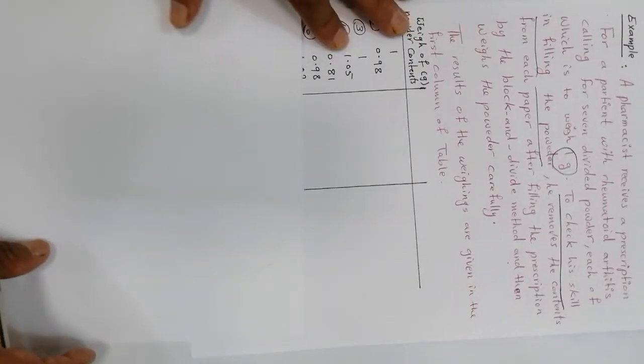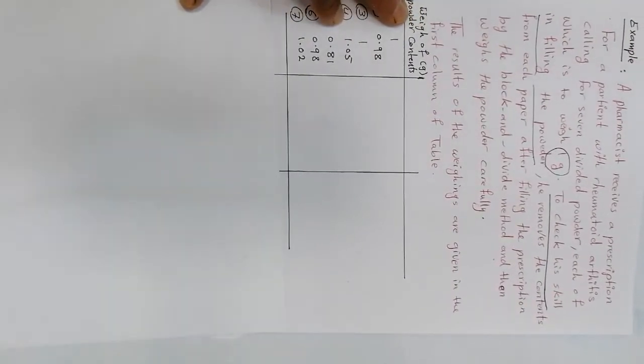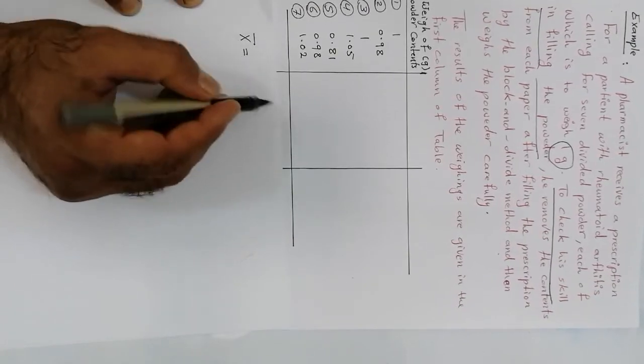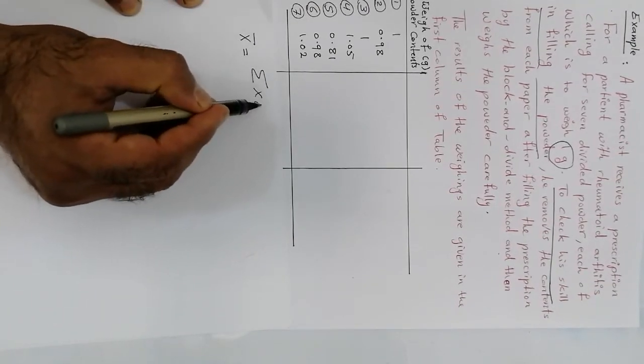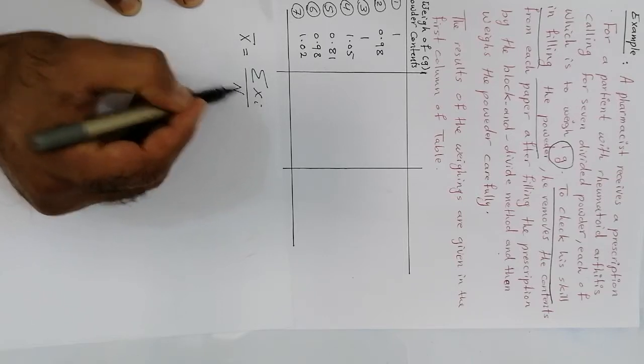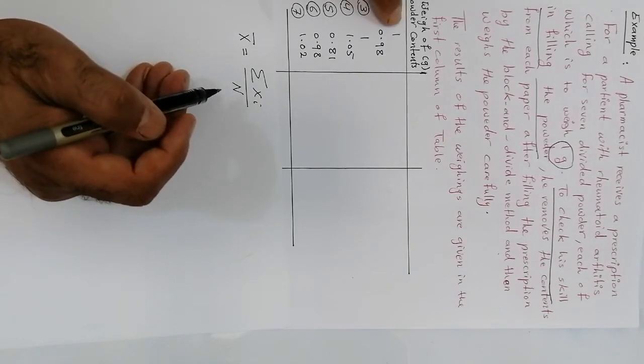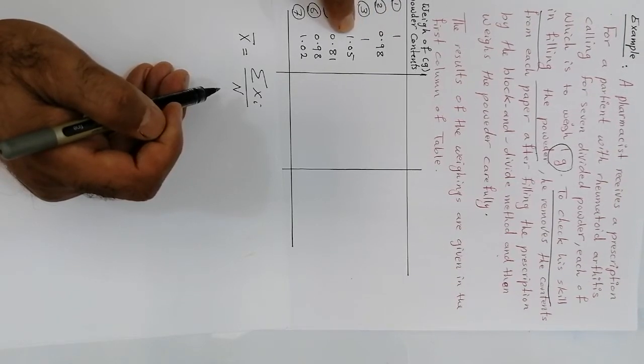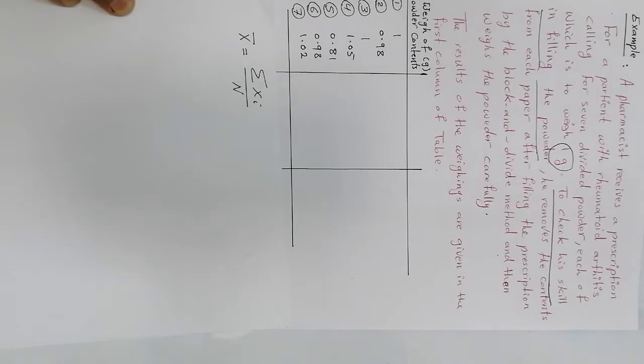First, calculate the mean. Pay attention with me, please. Now calculate the mean, equal to the summation of xi over n. xi represents x1, x2, x3, x4, x5, x6, x7.